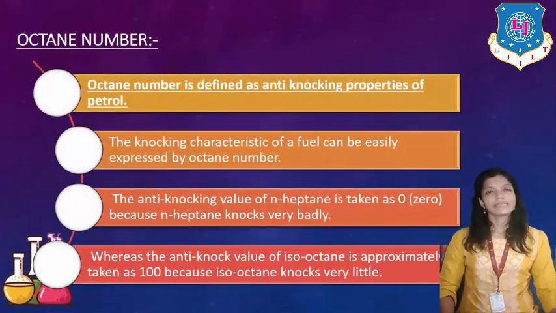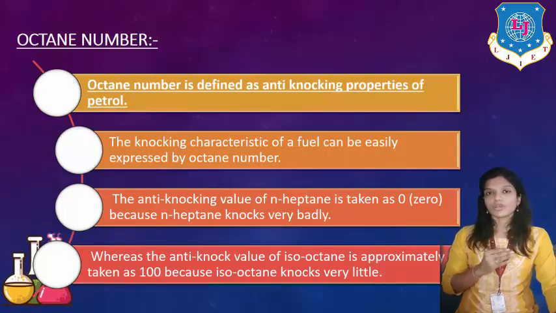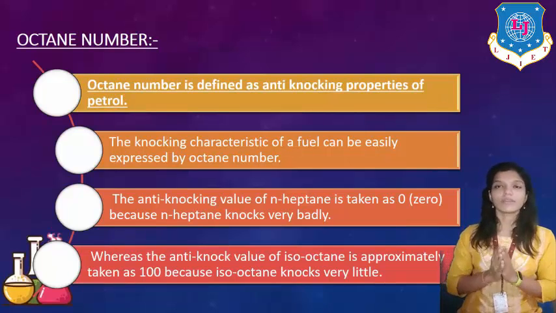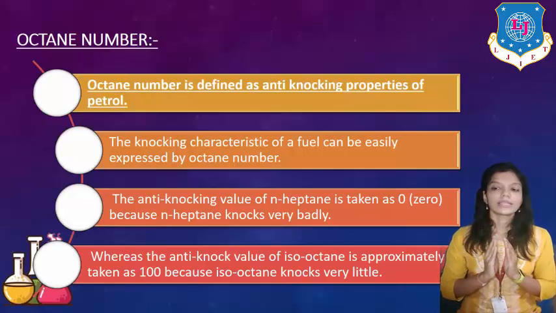Now, let's see what an octane number is. You need to understand it properly because the octane number and cetane number play a very important role. Octane number is defined as the anti-knocking property of a petrol.